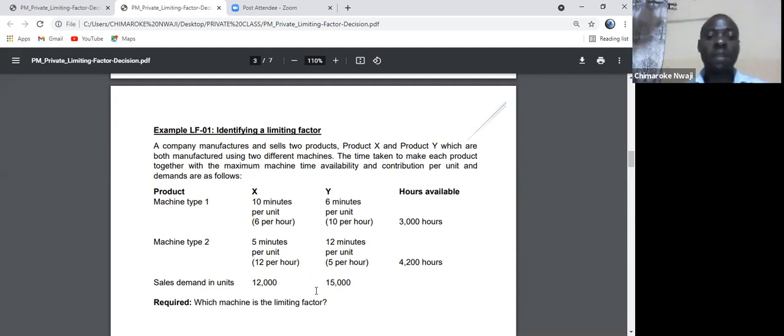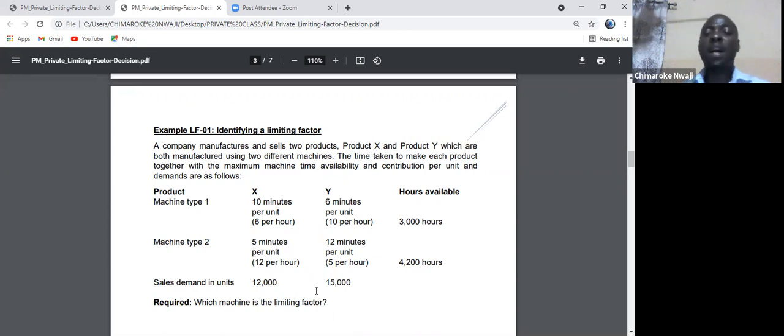That is what is meant by that 6 per hour. Then Y, you make 1 unit of Y in 6 minutes. So in 60 minutes, which is 1 hour, you would have made 10 units.